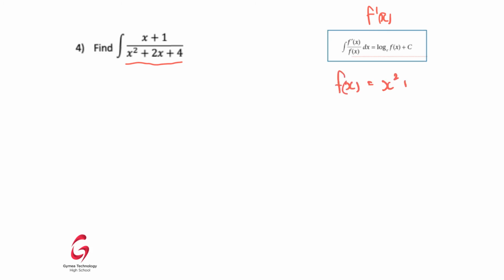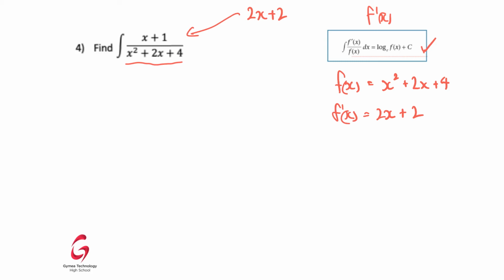It's x squared plus 2x plus 4 this time, which means my first derivative is 2x plus 2. So what this is saying is, up here on top, I want that to be 2x plus 2. Because if that top line was 2x plus 2, then I could go straight to this idea and have a really easy question. But very rarely will it really work first time for you like that.